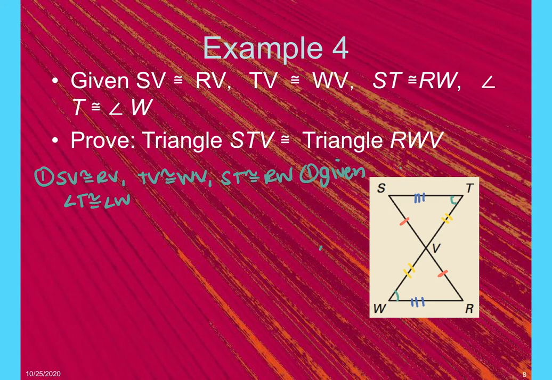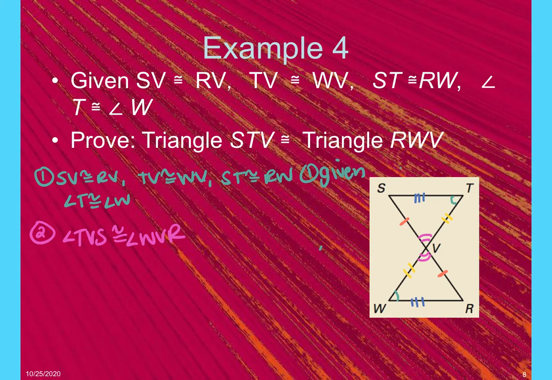Remember that we can use anything that we've used up to this point in geometry, which means we can actually use the vertical angles. And because I have to use 3 letters, I would say angle TVS is congruent to angle WVR.